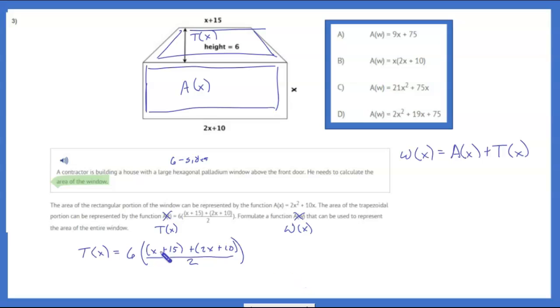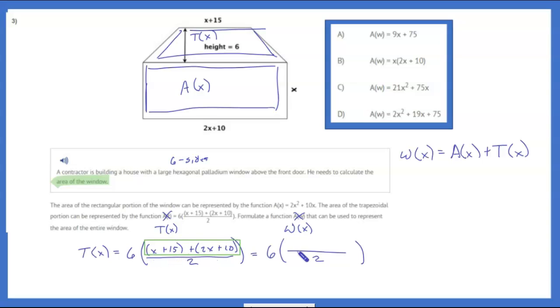And let's simplify that. Okay, if we look first at just this numerator, we can simplify that first. I'm going to leave the 6 out front, I'm going to leave the 2 on the bottom, and plus x plus 15 plus 2x plus 10. We don't actually need these parentheses because you can switch around plus and they all end up the same.